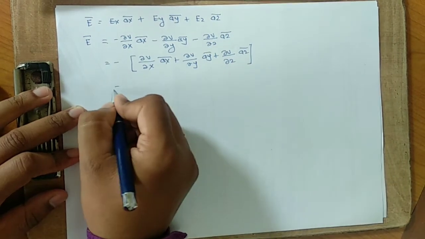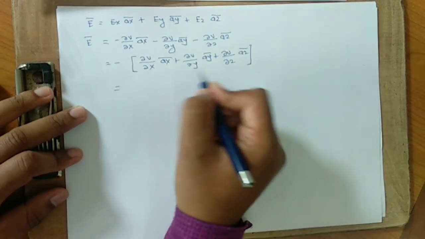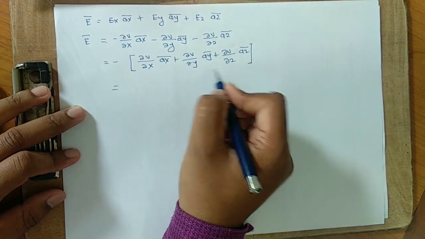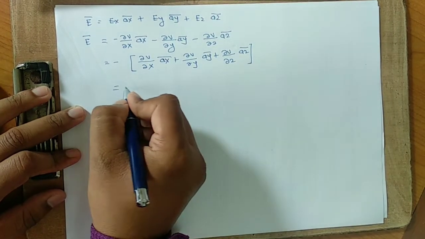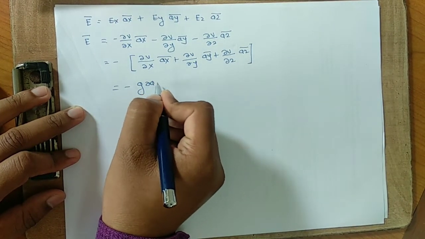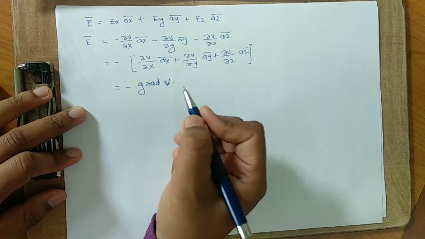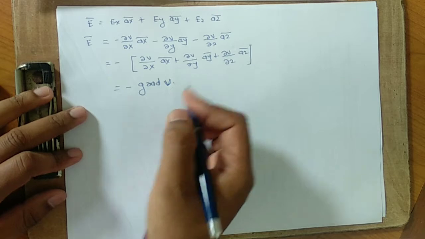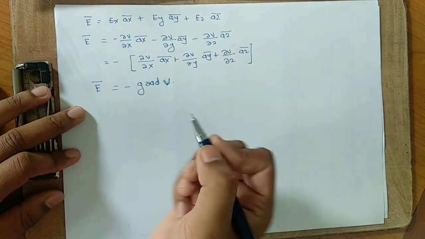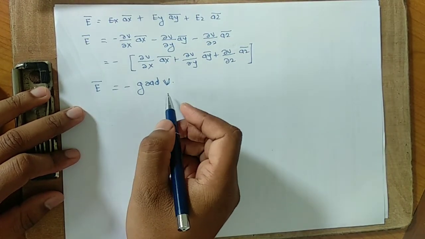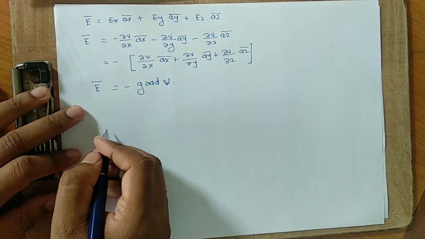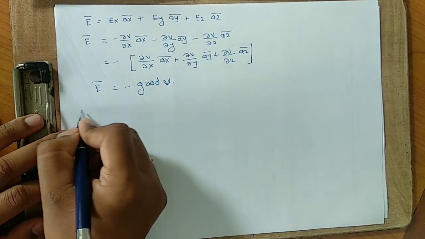So what is this expression inside the bracket? That is the gradient of V. I will write here the gradient of V. You have seen that del operator, and I have given you problems on that del operator also. So that is minus gradient of V. Next, what is the gradient of V?